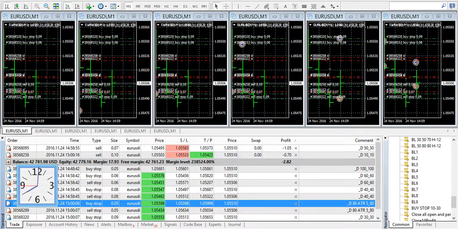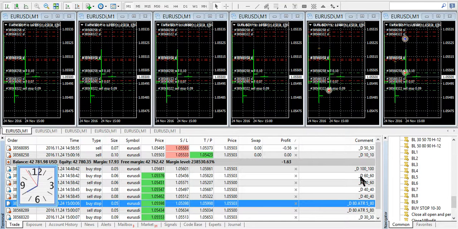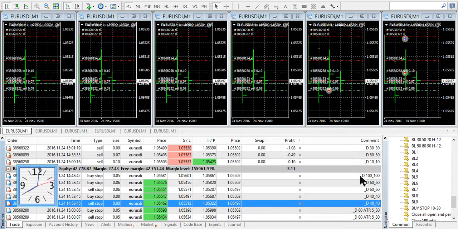Okay, so possible reversal here to the upside. Still short. Robot's still right about the sell. And maybe just go straight down now. Blow out the whole day. Okay, 1 minute after the top of the hour. Possible reversal.